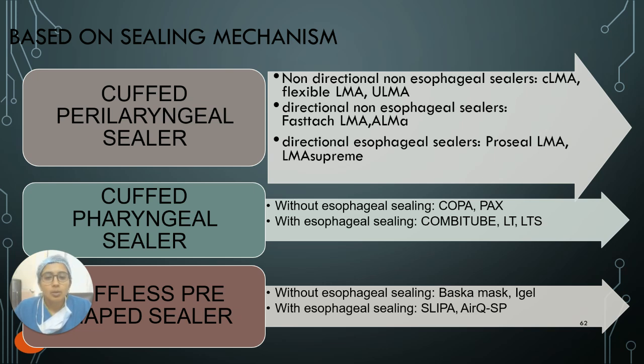In cuffed pharyngeal sealers, without esophageal sealing we have the COPA or PAX. With esophageal sealing, that is the Combitube, laryngeal tube or laryngeal tube Supreme. Then cuffless pre-shaped sealers: without esophageal sealing, that is the Baska mask or i-gel. With esophageal sealing, that is the SLIPA, Air-Q SP.